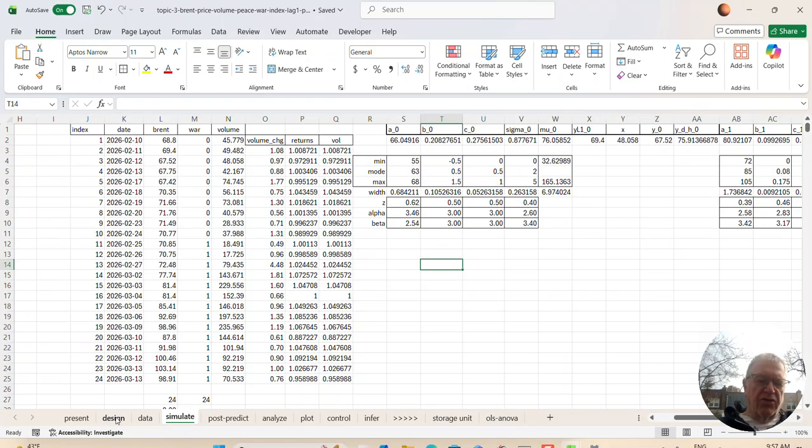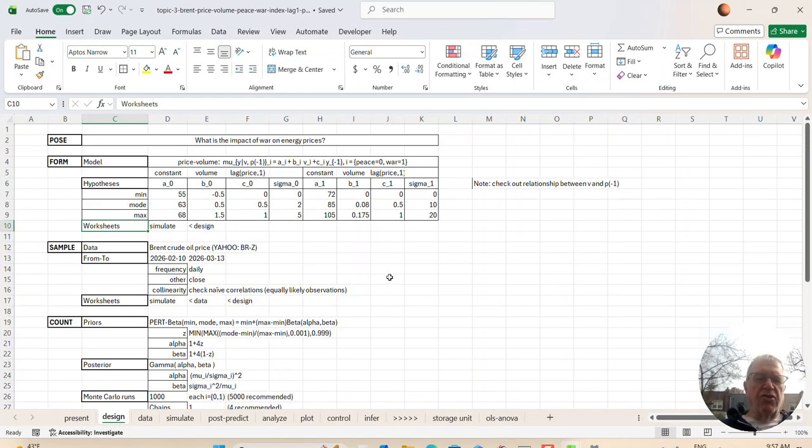Let's get back to the design. There we go. Jumping around just a tad. So this will probably work, which means this will probably work. I might want to put a minus sign there to make that work a little bit harder to find a negative number there. A downward slope. Okay.